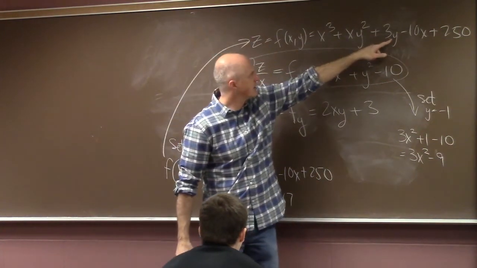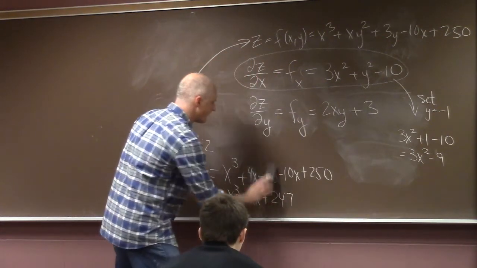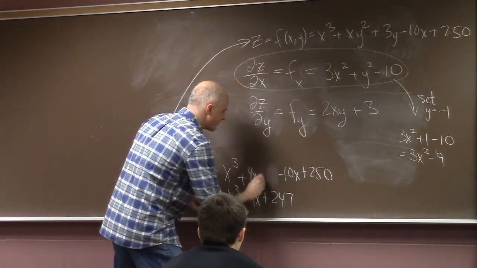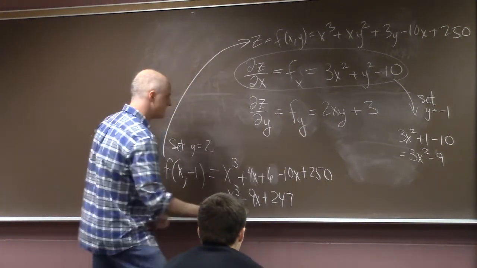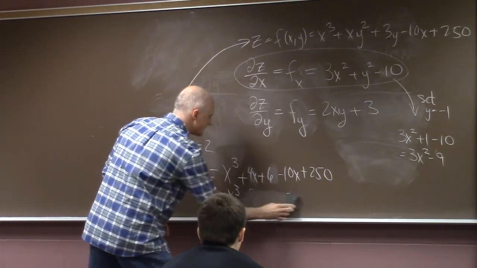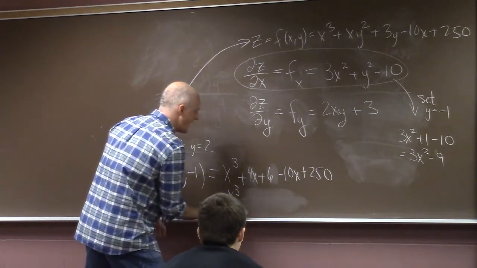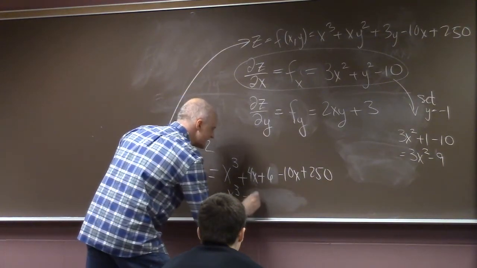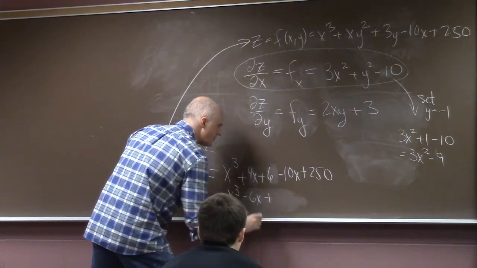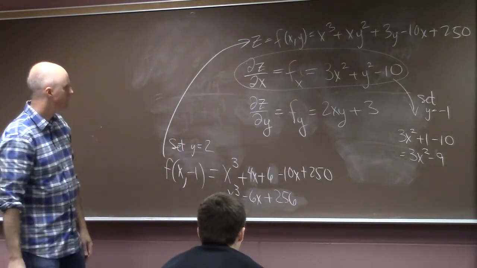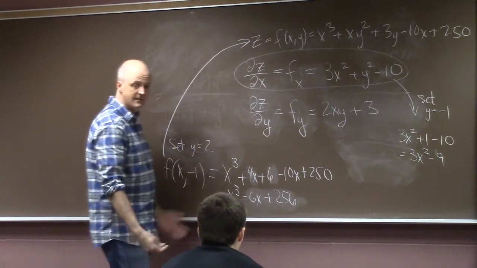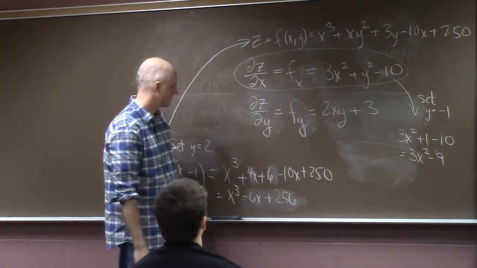Replace y with 2 there, you're going to get a +6. Still have minus 10x, still have plus 250. So now it simplifies to x cubed minus 6x plus 256. Is that right? It's a different cubic, slightly different.